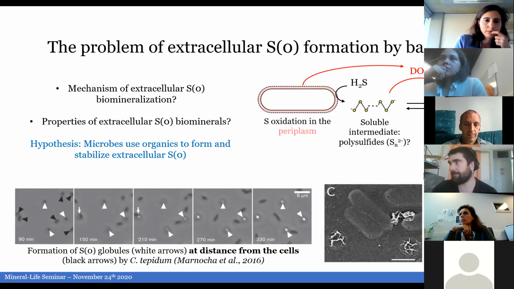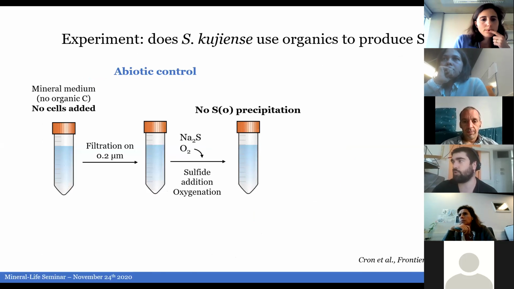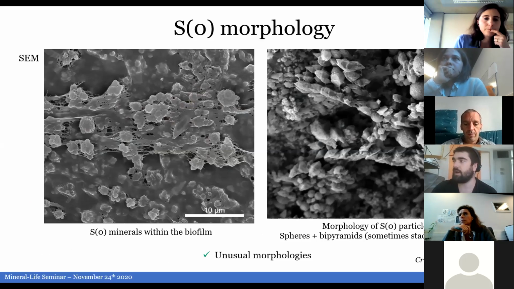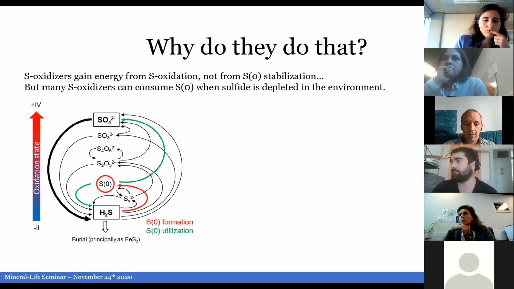I'm wondering if the S0 is kept for one kind of those, because if you assume that S0 is used to form back H2S, you have some cryptic cycle of the sulfur, and so there is still production of H2S for the bacteria. So maybe instead of thinking about selfish behavior, it may be some solidarity.